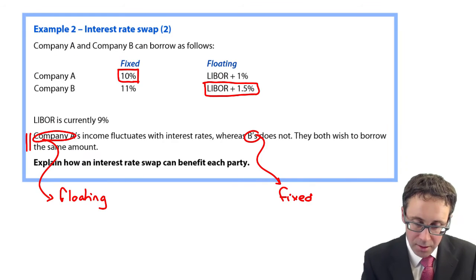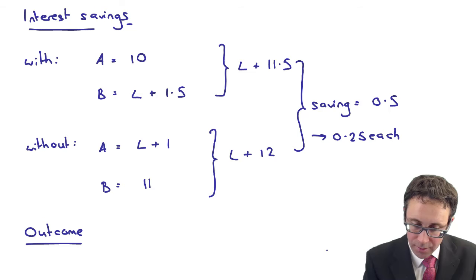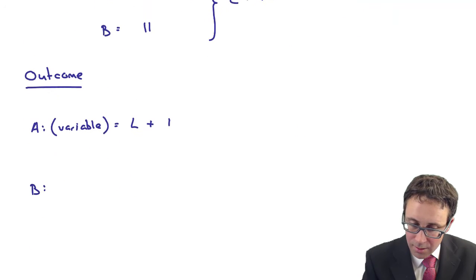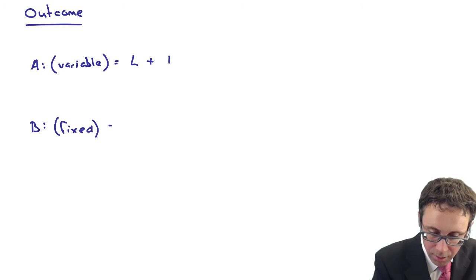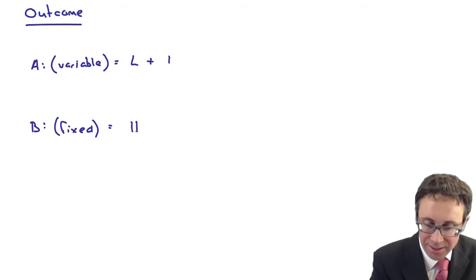Let's double check. Yes, company A, LIBOR plus 1. And company B wanted fixed, and its fixed was 11.